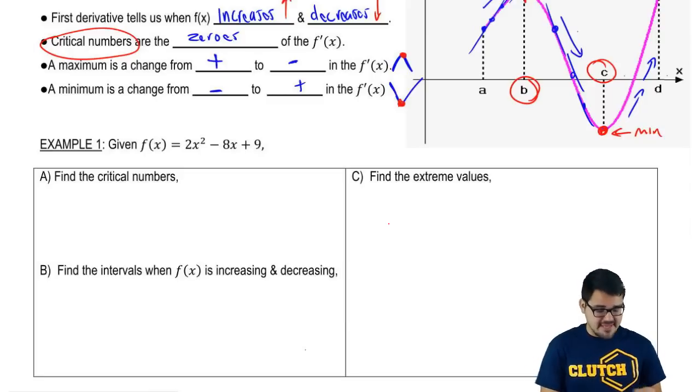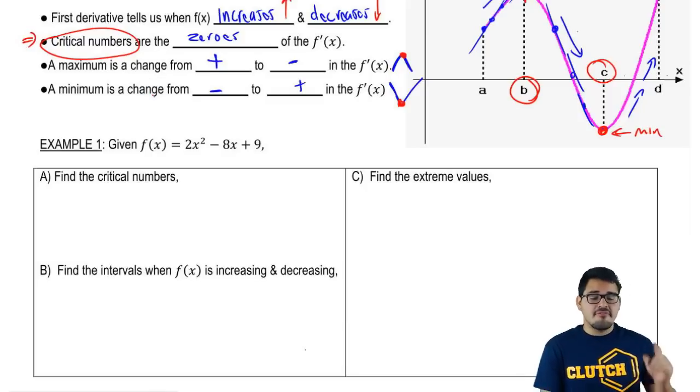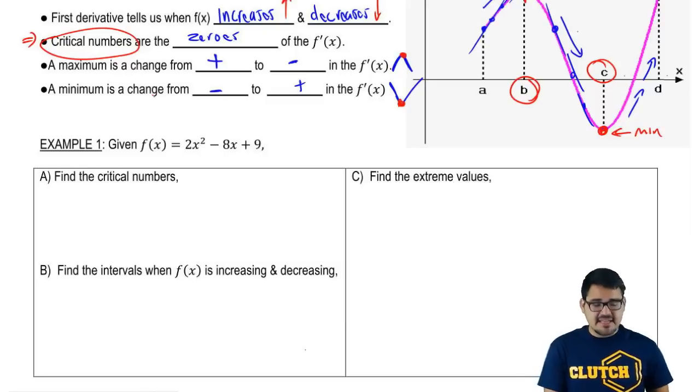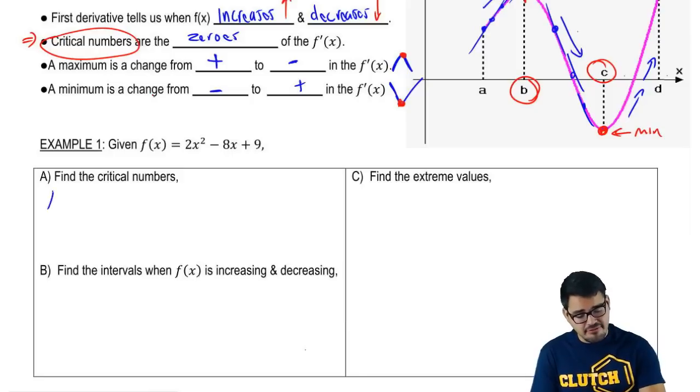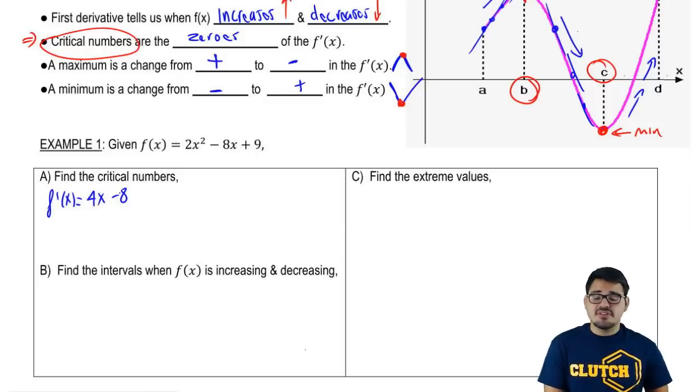And like I said in my second bullet, my critical numbers are going to come out from finding the first derivative and setting it equal to 0. So I'm going to go ahead and do just that. I'm going to find my first derivative, which is going to be 4x minus 8. And then I'm going to set it equal to 0.